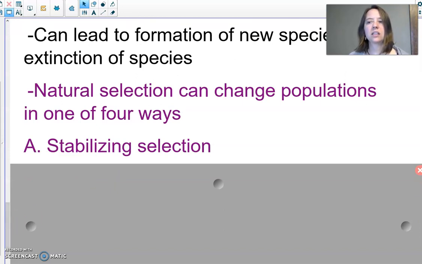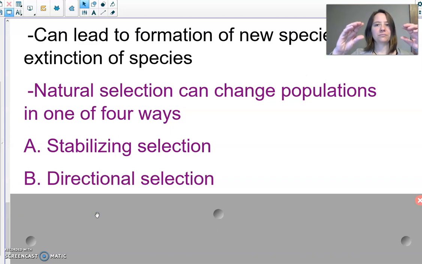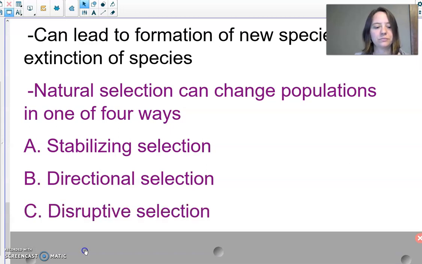There is stabilizing selection, where it goes towards the middle. So the ones on the edges don't do very well, but the ones in the middle do well. There is directional selection, where one side doesn't do very well, but the other side does. So maybe the slow antelope don't do well, so it moves towards antelope being faster. There is disruptive selection, where the edges do better than the middle.